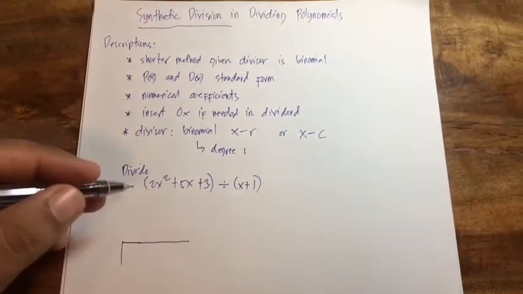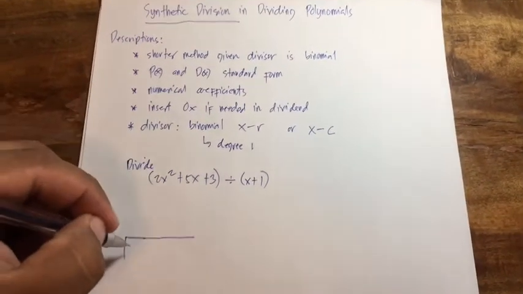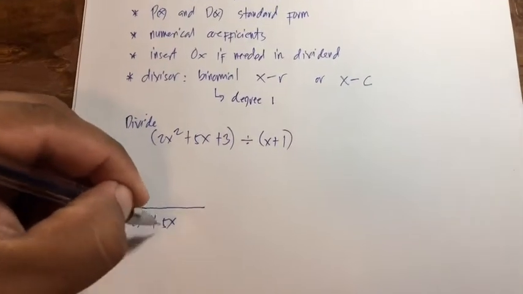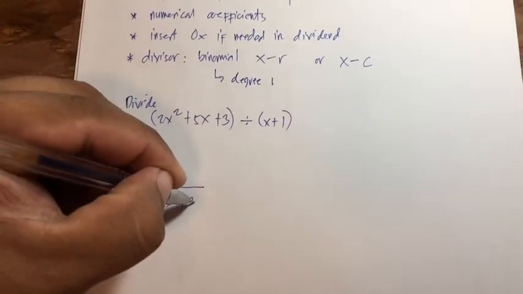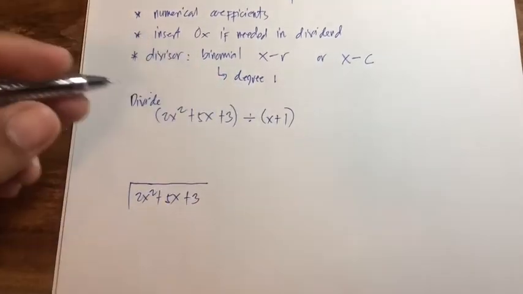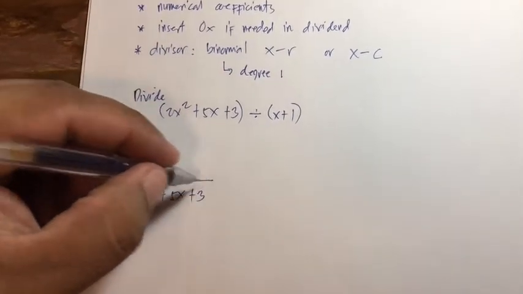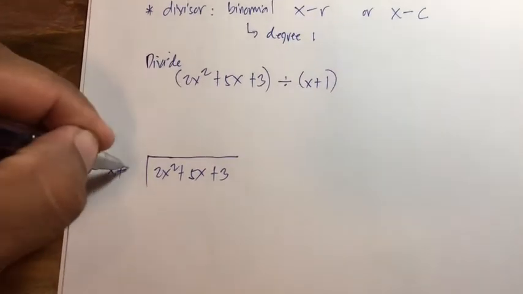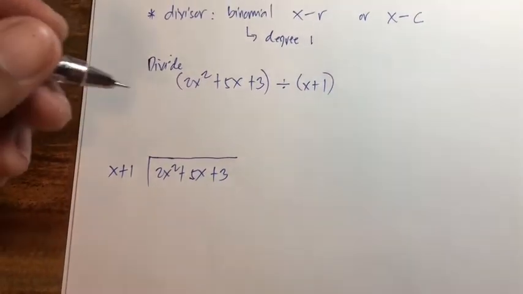We put our dividend, 2x squared plus 5x plus 3, inside, and our divisor, x plus 1, outside.